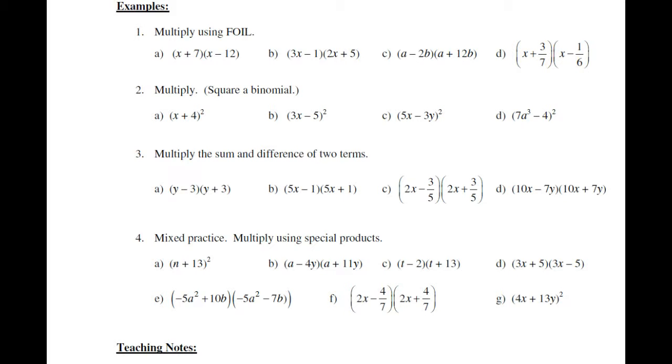Now this one gets to be a little tricky because it's fractions, but we'll just do it. First, x squared.